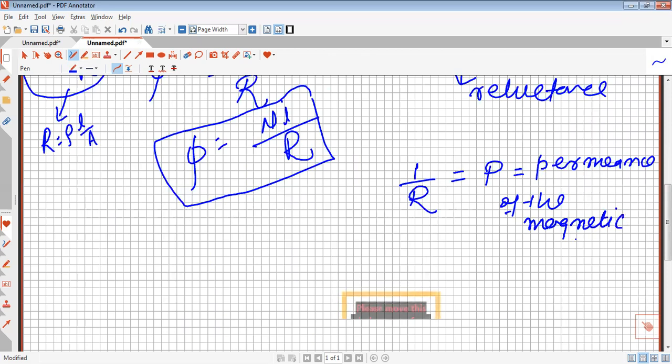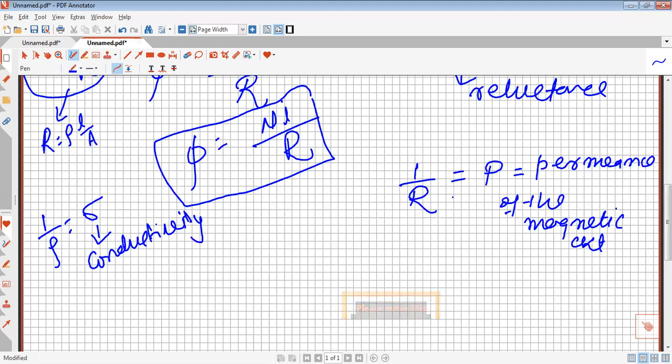The opposite of reluctance is called permeance. In the same way, the opposite of resistivity, 1 by rho, is denoted by sigma and is called conductivity.